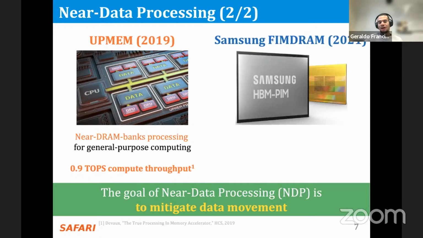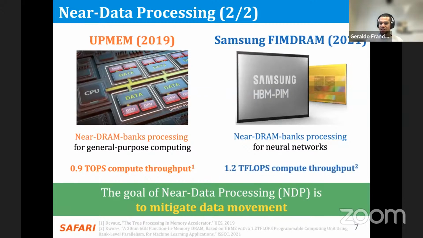Another example is FIMDRAM, also a near DRAM bank processing architecture from Samsung, released in 2021, which targets neural network operations. This system can achieve 1.2 teraflops of compute throughput.